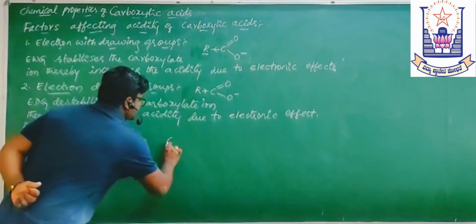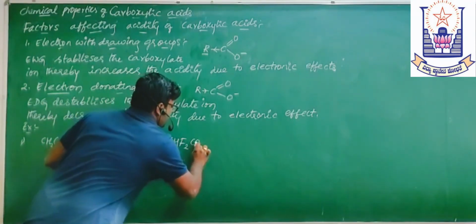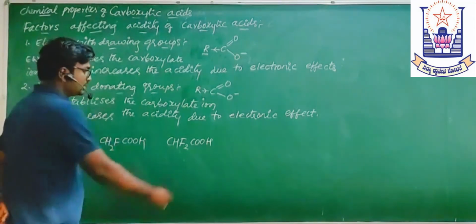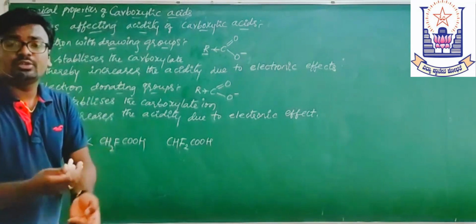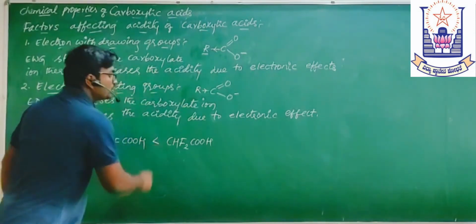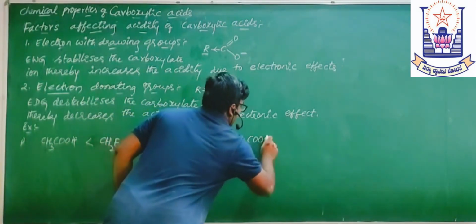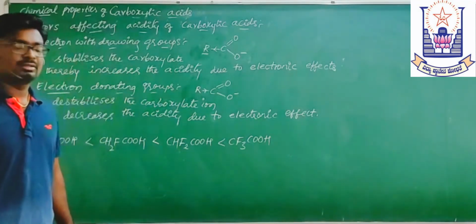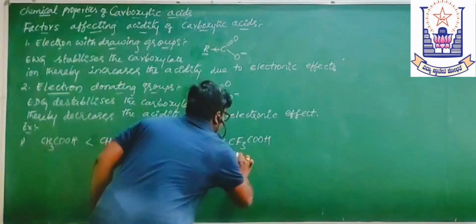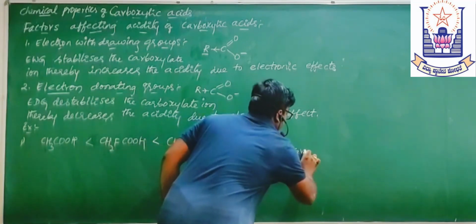Then replace one more hydrogen of this. Here one electron withdrawing group is there, here two electron withdrawing groups are there. So as the number of electron withdrawing groups increases, stability of the carboxylate ion increases, and acidity also increases. Finally, CF3COOH is the most acidic carboxylic acid.